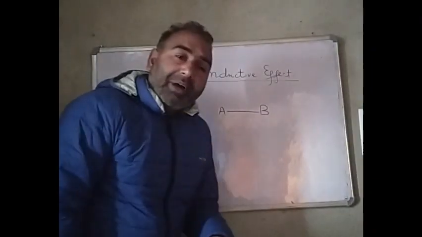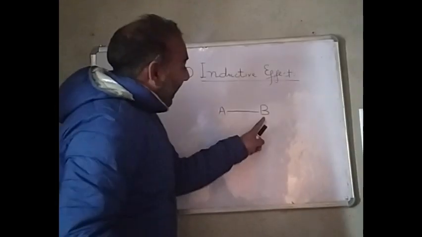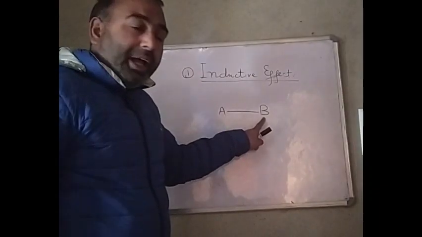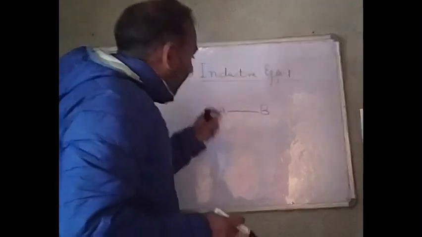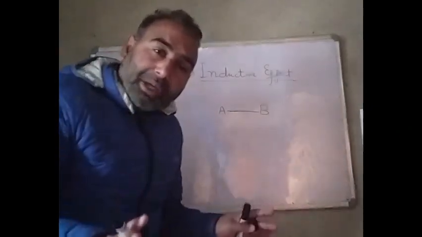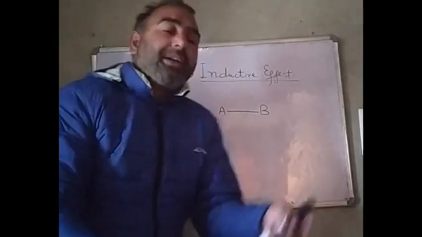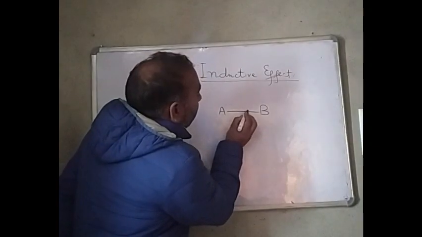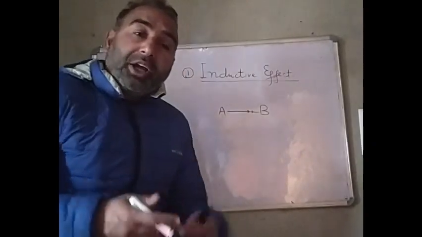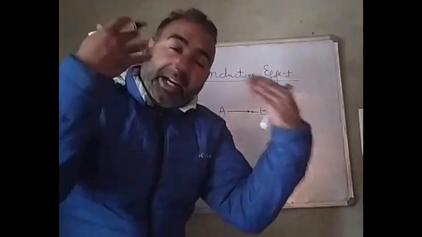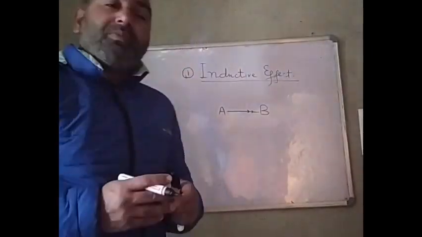But one thing this time I will tell you. Suppose this atom B is more electronegative than atom A. Then what will be the result? This shared pair of electrons will shift in the direction of element B, because B is more electronegative.